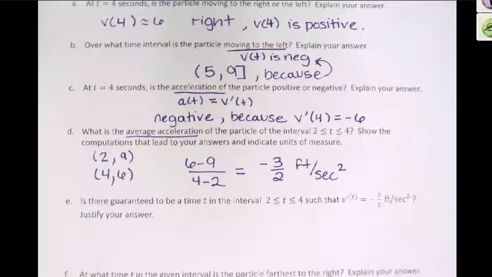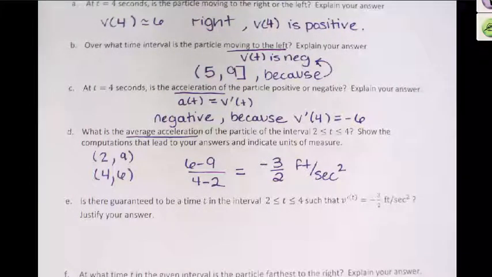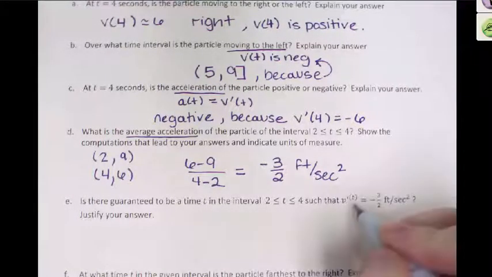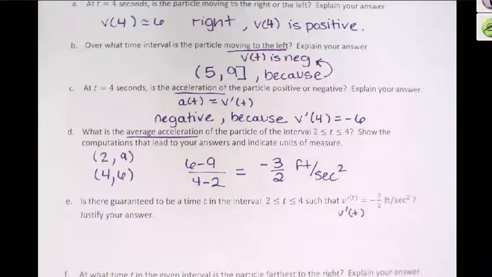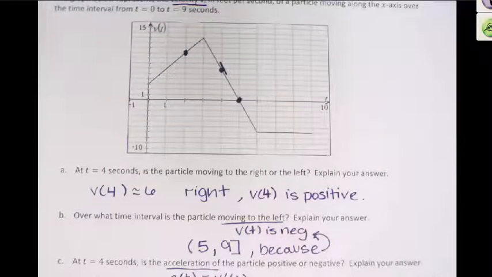Is there a guaranteed time such that v prime of t, well, that's a typo, it should look like this, equals negative 3/2 feet per second? Justify your answer. So if you'll go back up top, look at this velocity graph. Is this velocity graph going to be differentiable everywhere? Basically, are there any holes, jumps, asymptotes, sharp corners or vertical tangents?